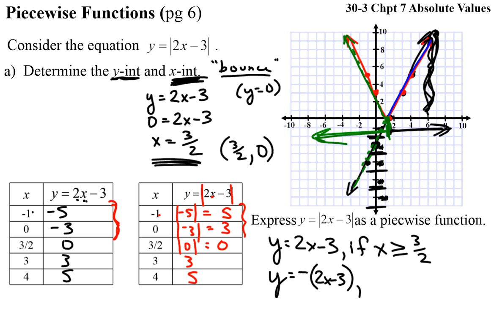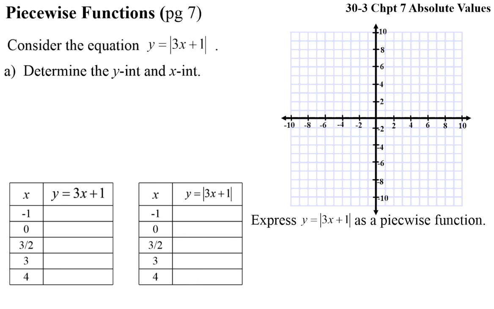So y equaled the negative of 2x minus 3, where x was less than 3 halves. Take note that we always put the inclusion, greater than or equal to, for the main part of the graph, not the absolute. But there's the piecewise. We can see the original, see the resultant, and go from there.